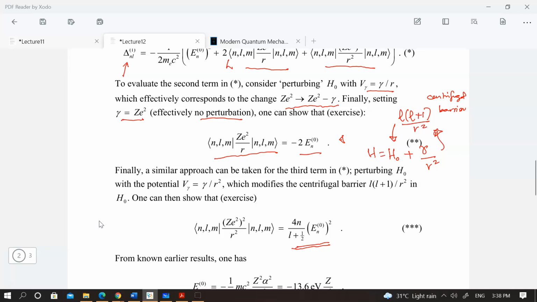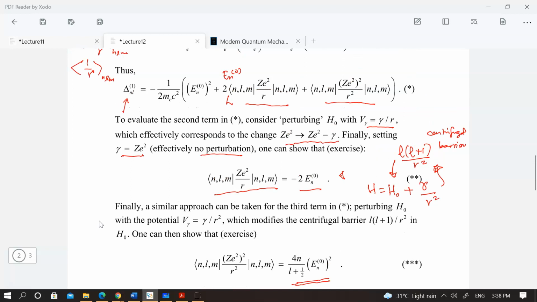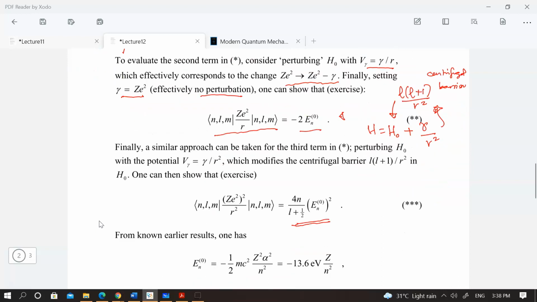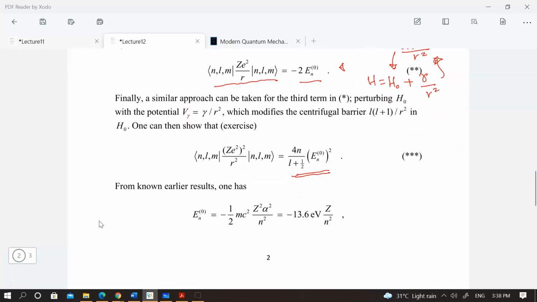So one can now plug those back in. You can see that your En naught squared is here, En naught times En naught again is a square, and from here you again have the En naught squared. If you know what En naught is, for the hydrogen atom it's given nicely in terms of this, with Z equals 1 for hydrogen.